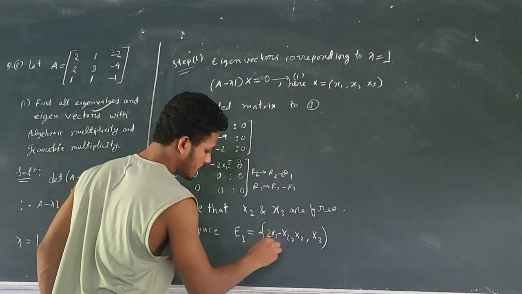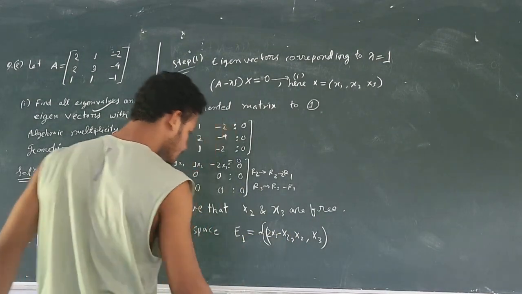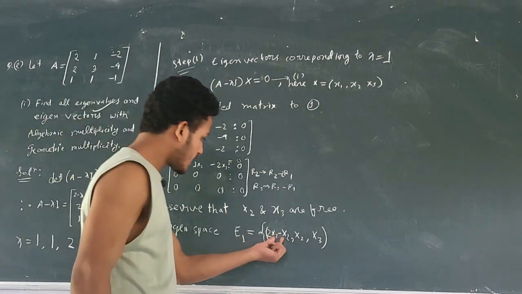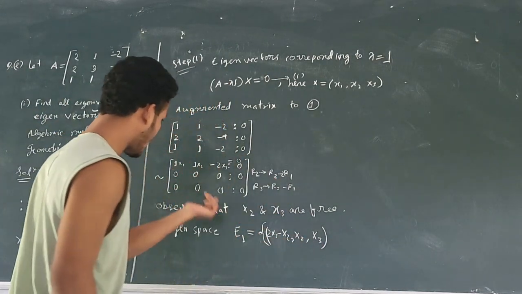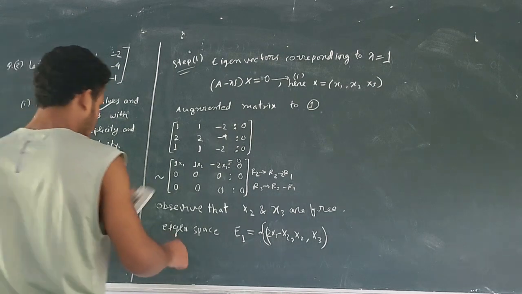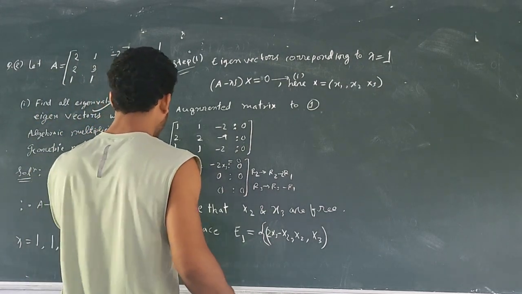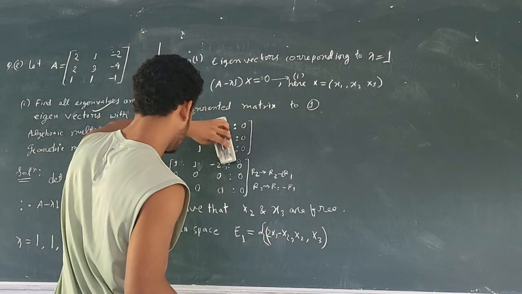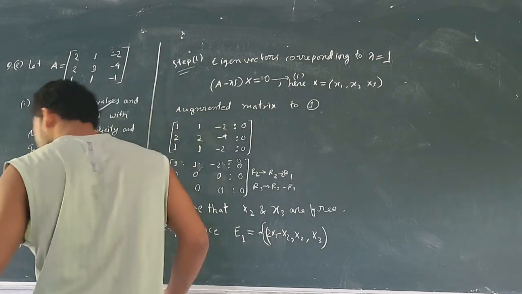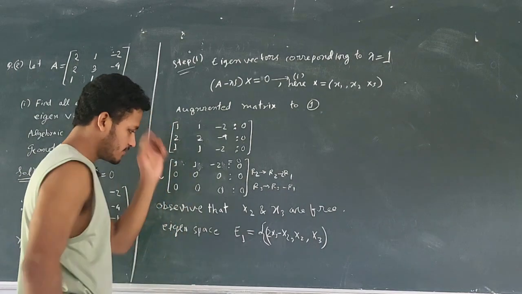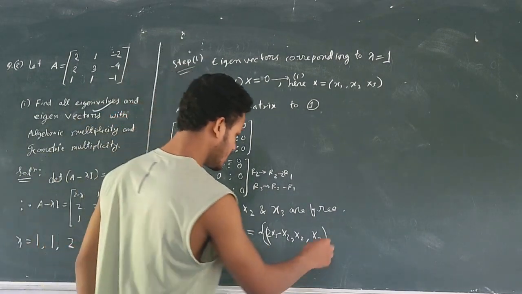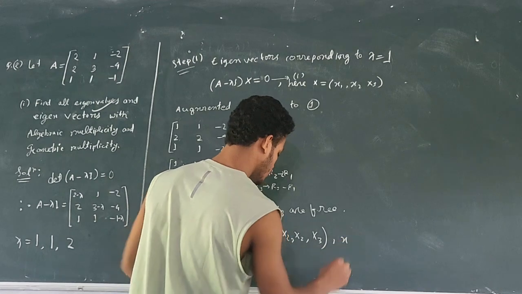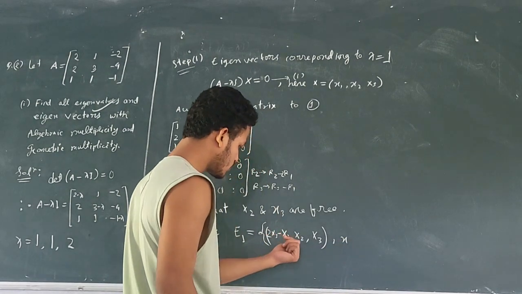So this is x1, this is x2, x3. We have found this from this. So this is the eigenspace, such that the free values are x2 and x3.